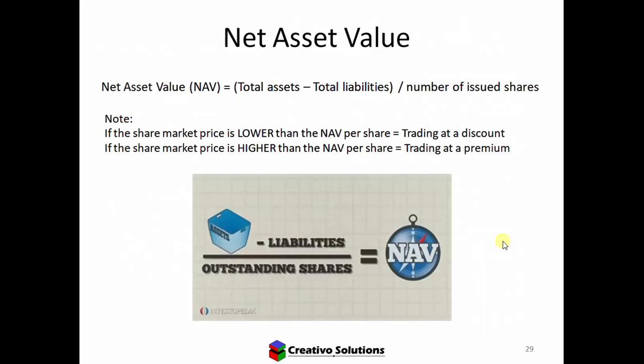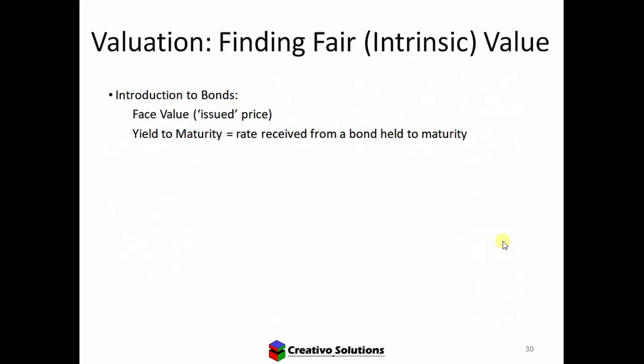So if I'm calculating net asset value, I need to remember that the total assets less the total liabilities is going to give me an amount. And if I divide that by the number of issued shares, that's going to give me the net asset value per share. So if your shares are worth more than the net asset value, that would mean that those shares are trading at a premium. If it's less, then that would mean it is trading at a discount.